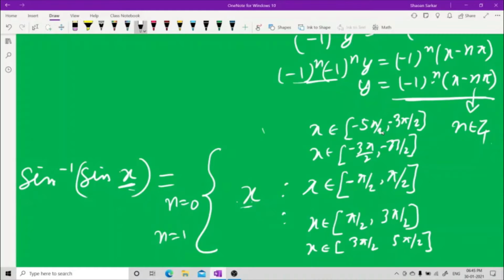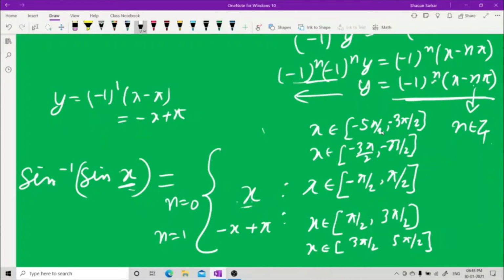Y will be minus 1 to the power of 1 and x minus π, and this is going to become minus x plus π. So in this interval you will get minus x plus π. In books it will be written π minus x. This is same as π minus x.